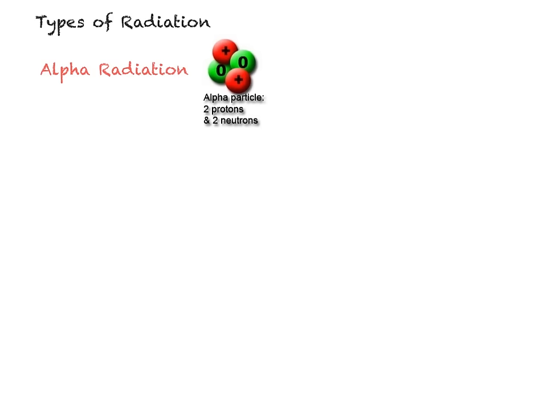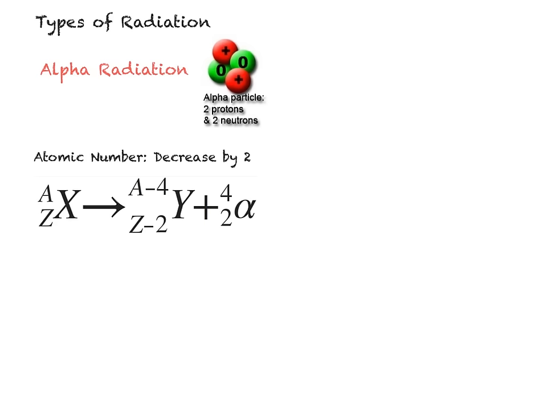This means that when a nucleus emits an alpha particle, it will lose 2 protons, so its atomic number will decrease by 2. Due to this decrease in atomic number, the element will go through a change and become a new element. This new element will have a new atomic number, which will be 2 less than the previous element.